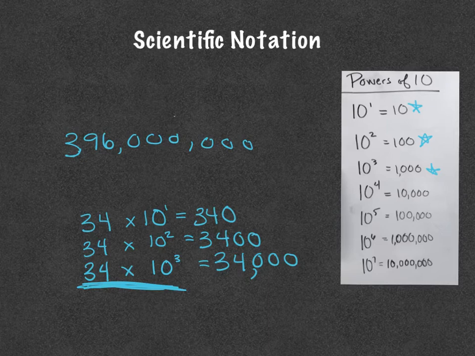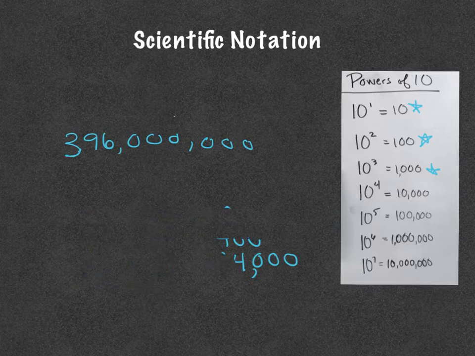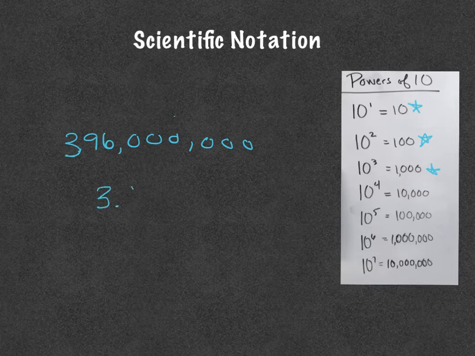I'm going to erase all this other stuff to get it out of the way. So if we have 396 million, scientists only like one number in front of the decimal, okay? So 3.96 times, and basically we're talking about how far we're moving this decimal.